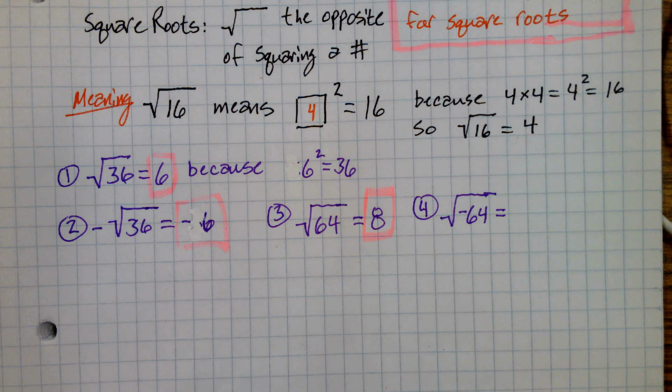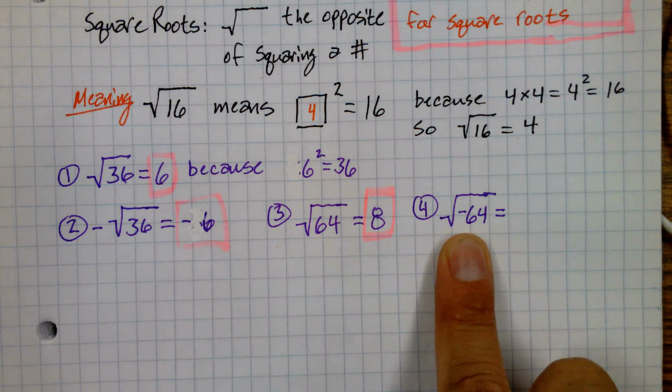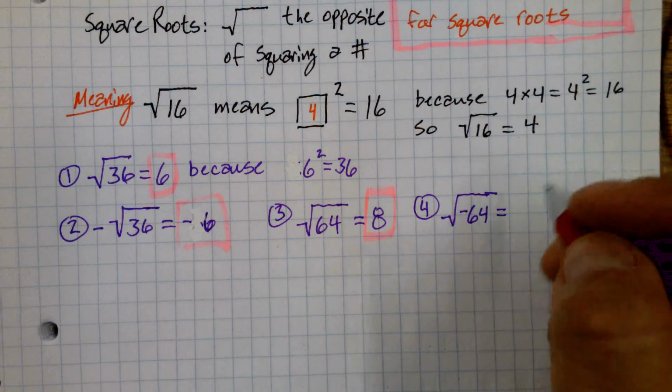The only way I can get a negative by multiplying is multiplying one negative and one positive. And they're not equal, right? One's negative, one's positive. They're not equal. Yeah, but that's the problem. They have to be the same number. You see what I'm saying? So is it ever going to happen? Here's what, if you ever get a negative inside a square root, this is what you write.